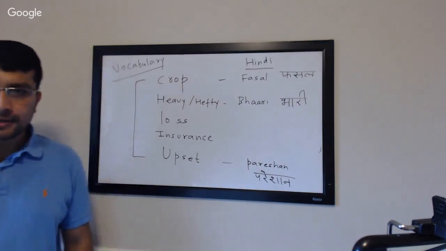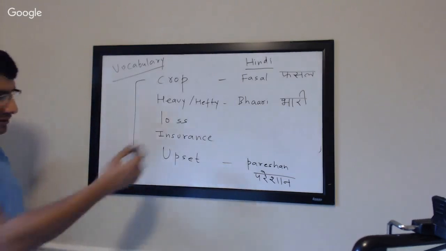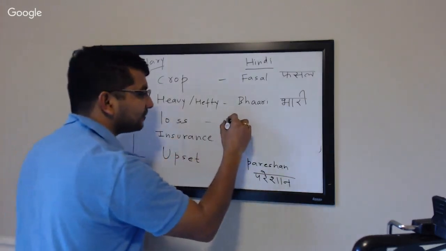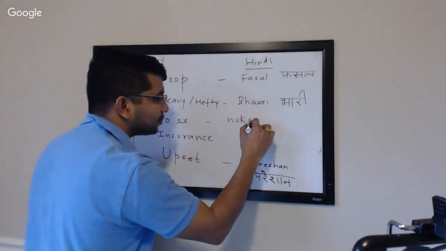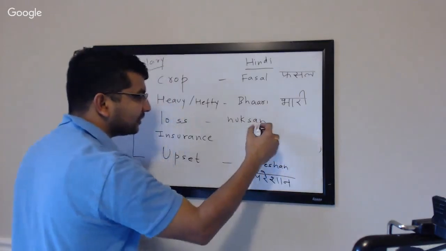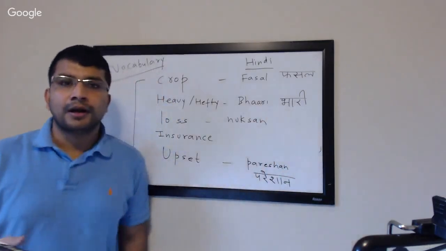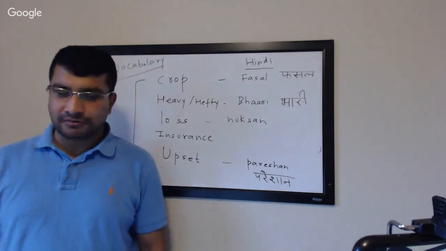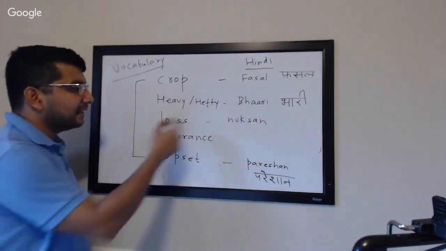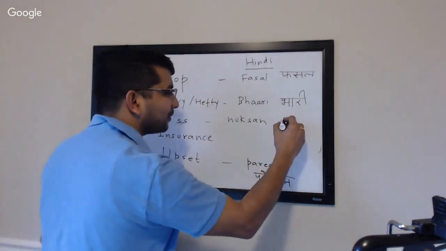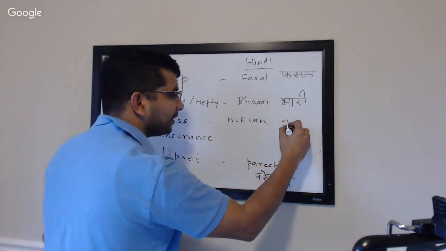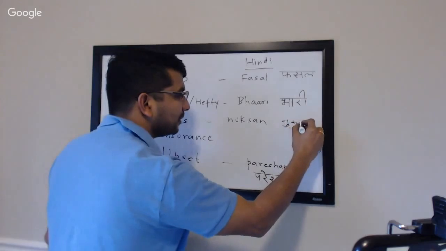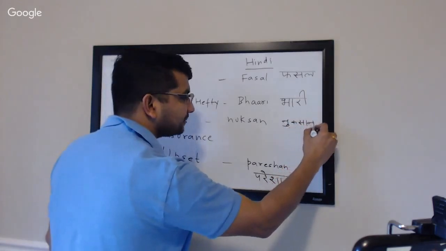You can say bhari nuksan. So in the story that I have, I purposely used the word bhari nuksan. Bhari literally means heavy, but when you say bhari nuksan or heavy losses, it means the hefty losses that I'm talking about, right? So you'll have na with u, ka, and then sa, nuksan.